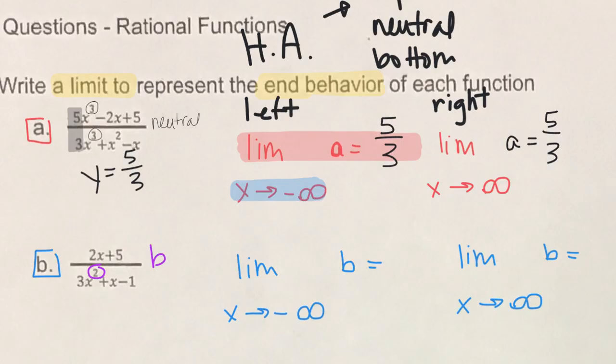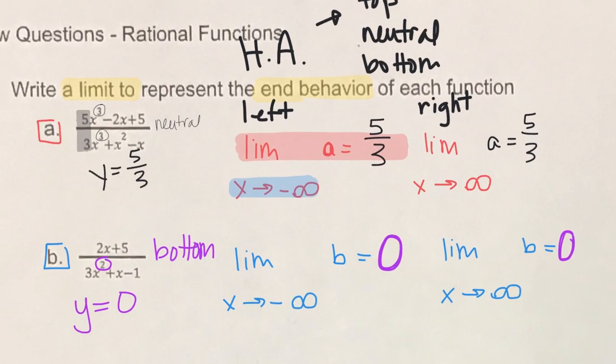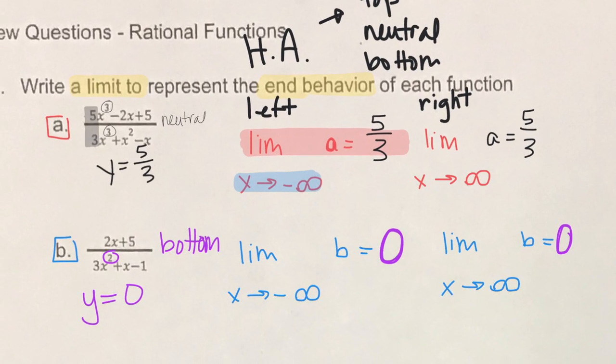This is a bottom heavy rational function because you have an x squared on the bottom and an x on top. That means the horizontal asymptote is automatically y equals 0. So our limit answer is 0 for both of them, the left side and the right side.